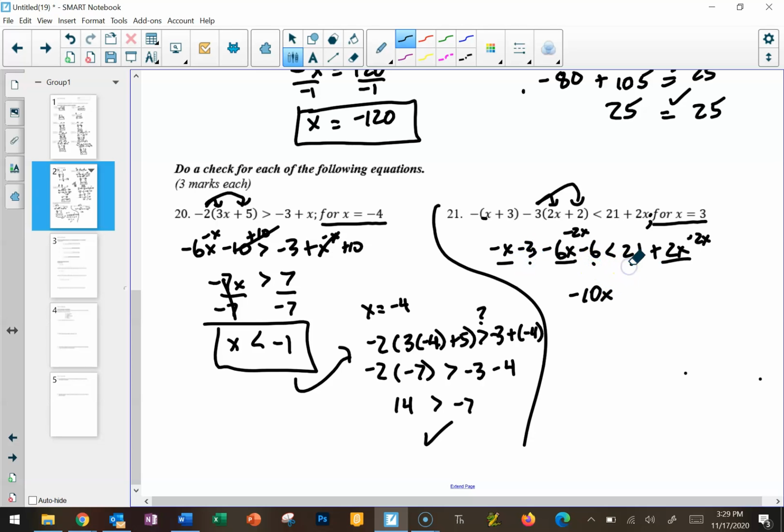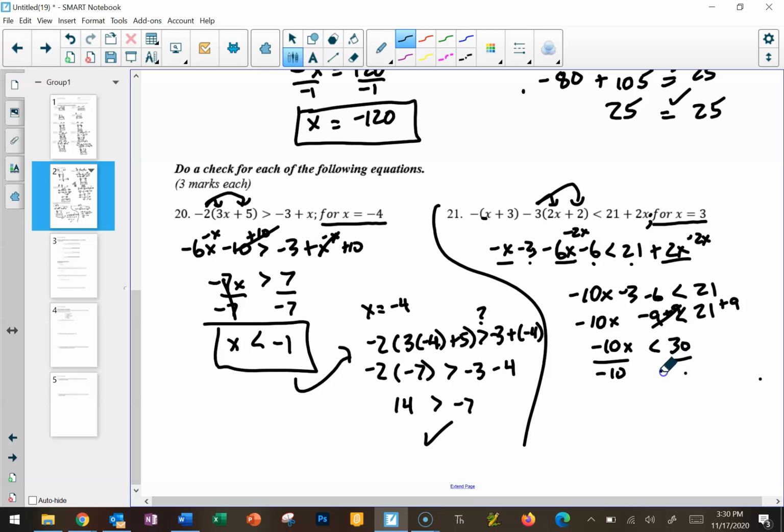My numbers, I've got a -3, and I've also got a -6, then the less than, and then I've just got the 21 on the other side. So -10x minus 3 minus 6 is -9, is less than 21. -10x. I have to bring this to the other side by adding 9, so that cancels, and 21 plus 9 is 30. Now it should be nice even division.